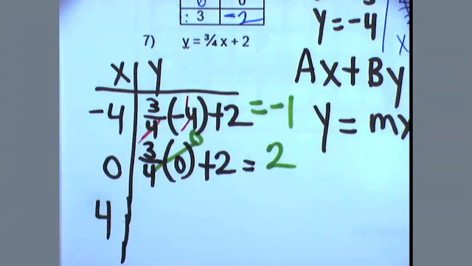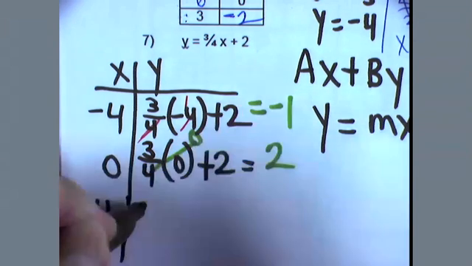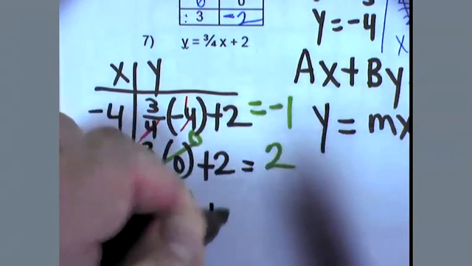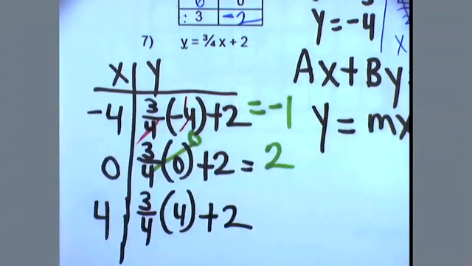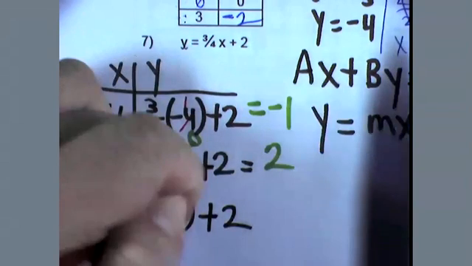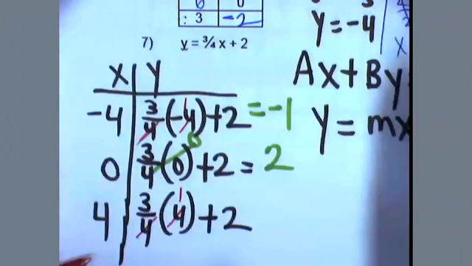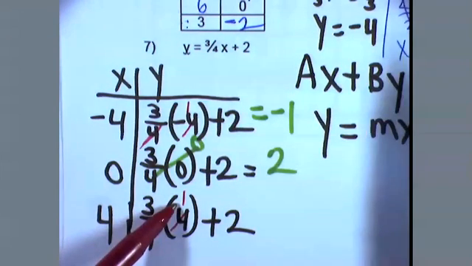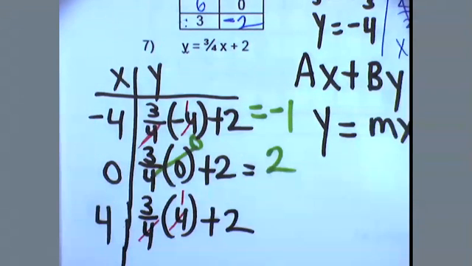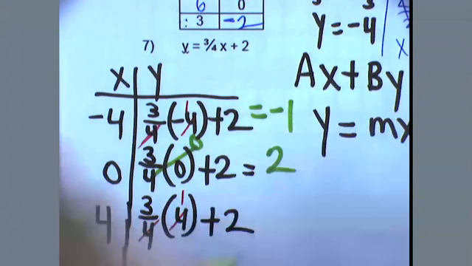Lastly, let's plug in 4 for x. Again, the 4's cancel out, leaving us with a +3. When we multiply, and then 3 plus 2, that will give us a +5.